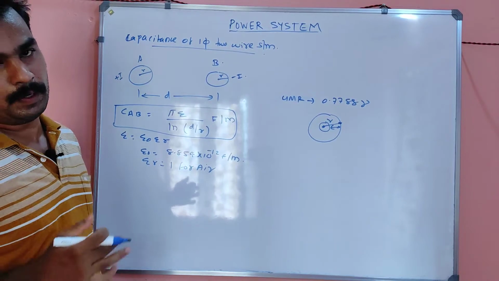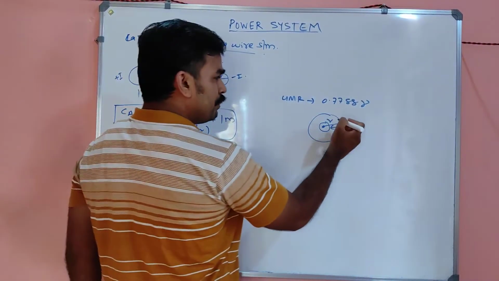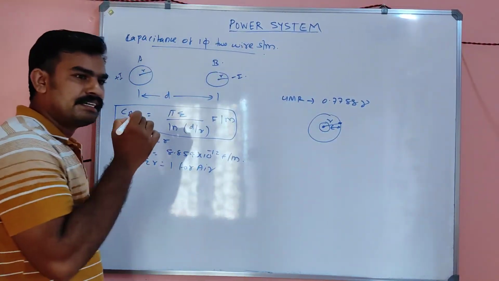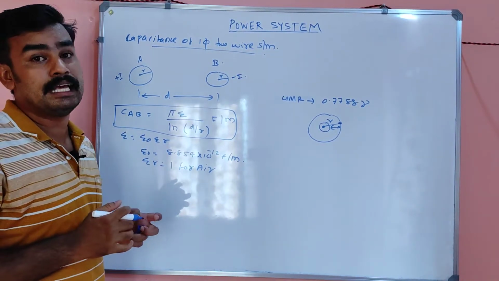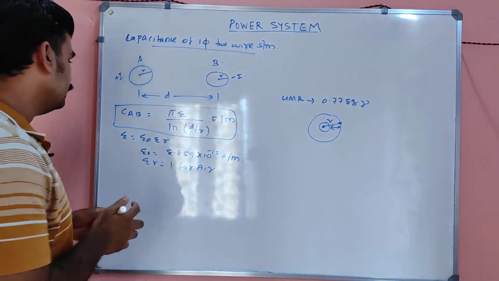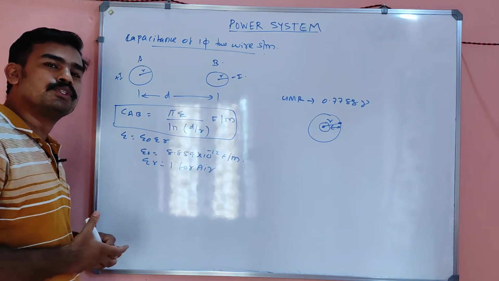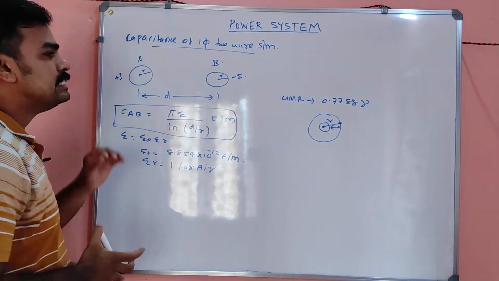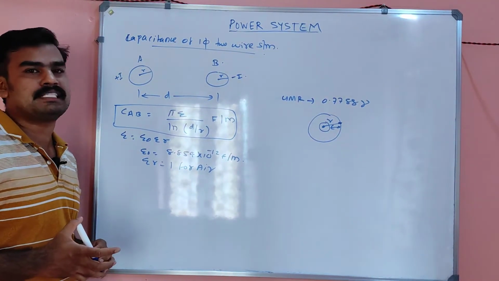From the surface to 0.7788 R there will be an influence of the magnetic field, and hence there will be the influence of inductance also. That is why we considered GMR as 0.7788 into R.